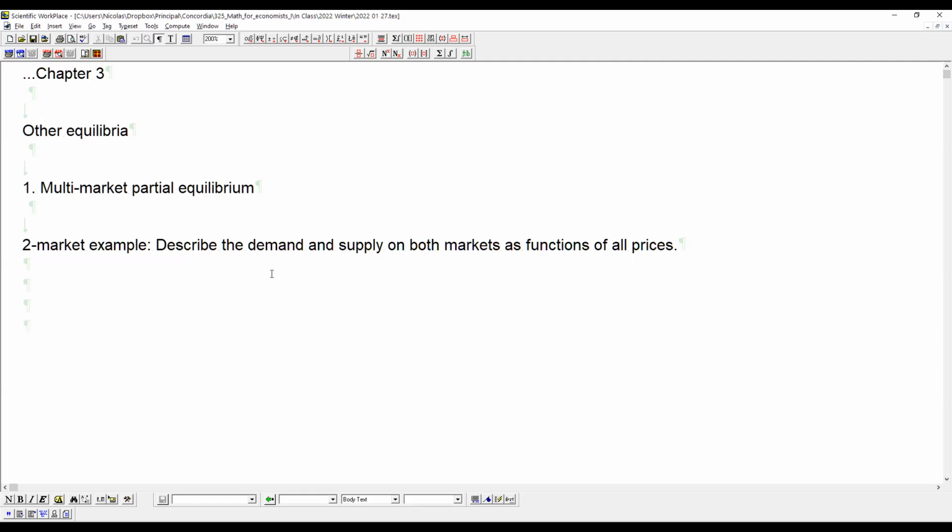So for instance, market demand equations.